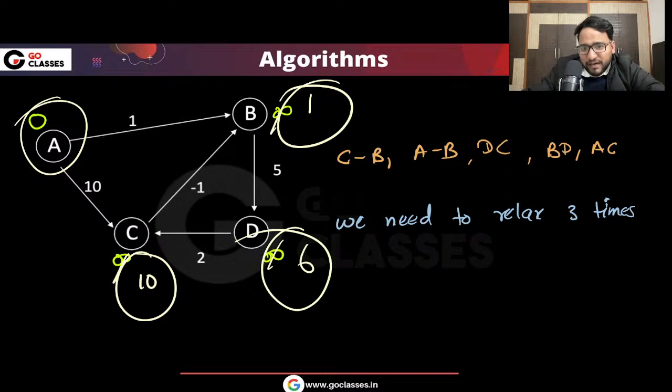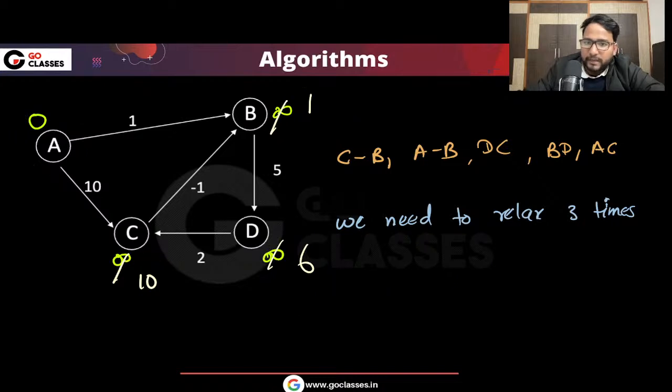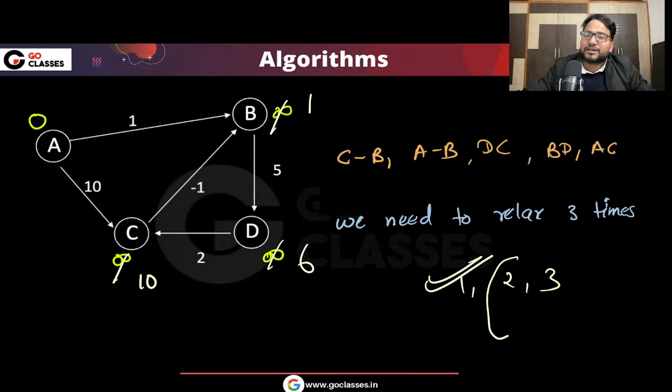Now let's run it again. I need to run it 3 times. One is done, right? So I need to run it 1, 2, 3 times. Now one time we have done. Let's relax in the same order. Or maybe, interestingly, in this second iteration, you can choose any other order also.